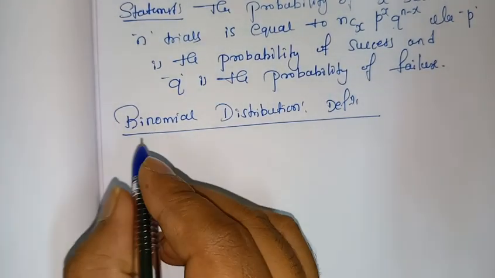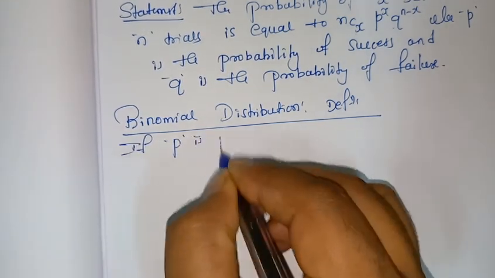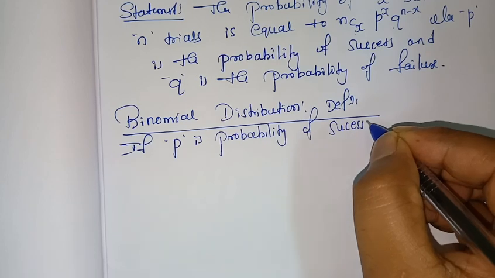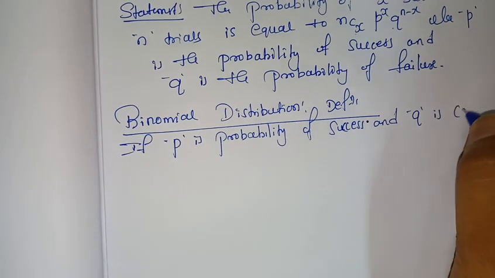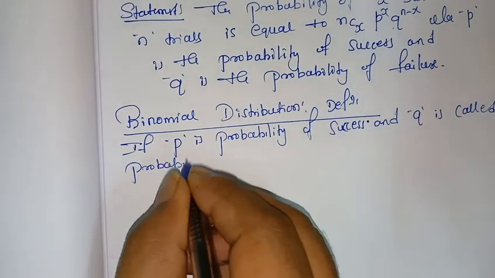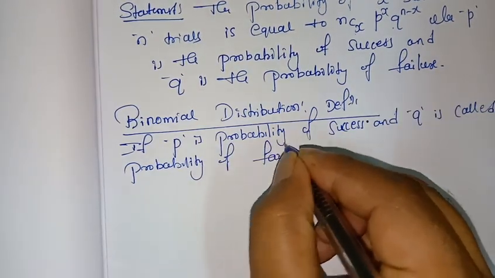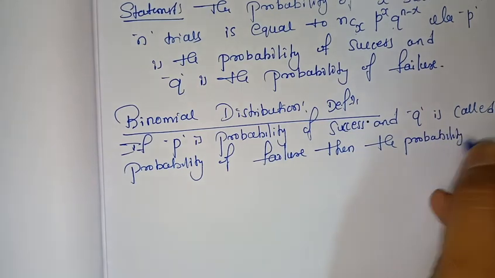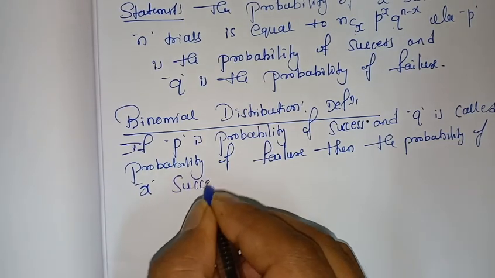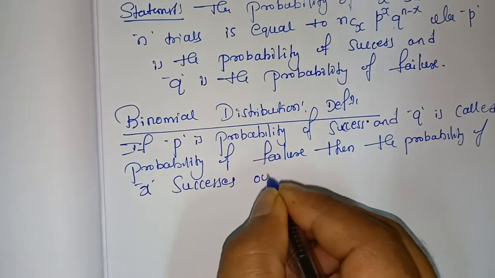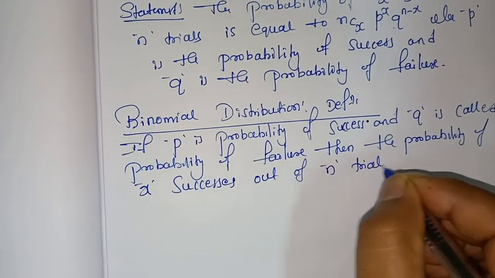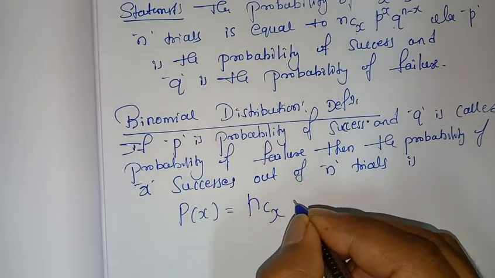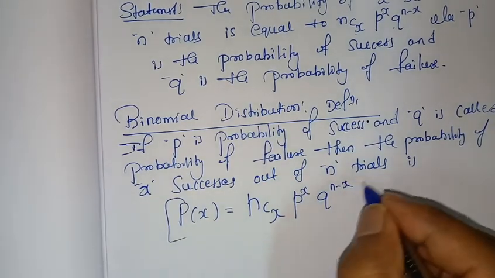So how to define binomial distribution? If P is the probability of success and Q is the probability of failure, then the probability of X successes out of n trials is P of X equal to NCX P power X Q power n minus X. This is very important.